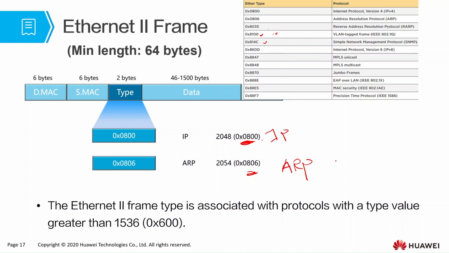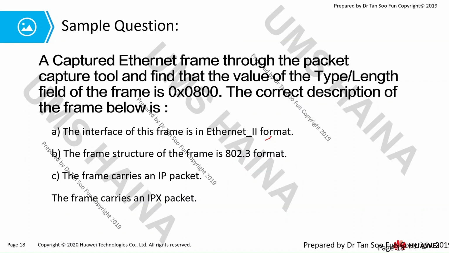So when you carry the frames, you are going to know what the protocol is. Just like your IP packet, you have IP and also IPX, and at the same time you are telling what your upper layer is, TCP or UDP there. So this is one of the example questions, how they are going to come out.